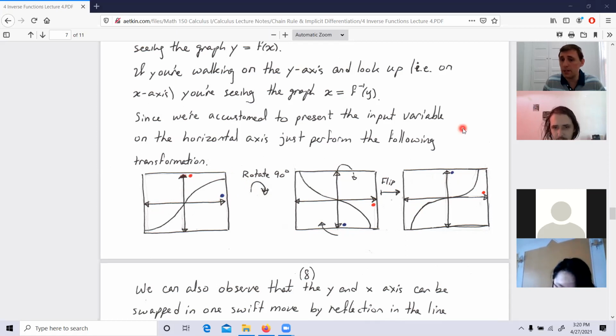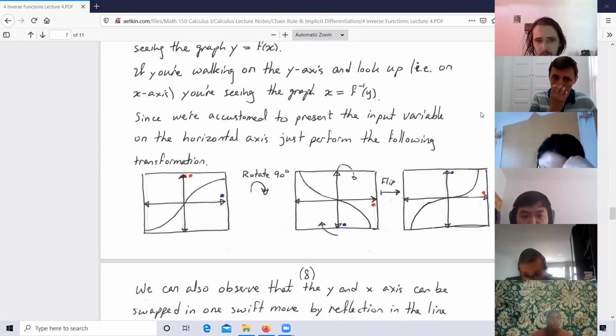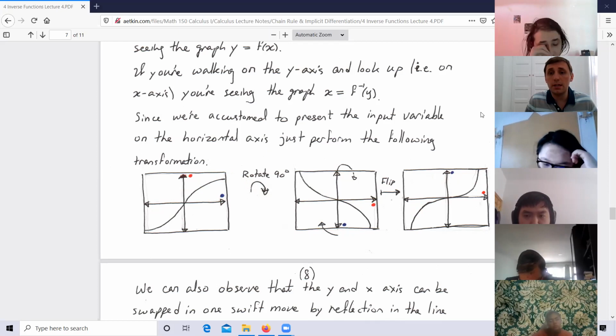It's really the same picture, you just change your point of view. You understand what I'm saying? It's very important, guys. What I'm saying is that the graph of the inverse map is geometrically the same as the original, which means that you are in some sense not creating a new function. In some sense, you know everything about this function.